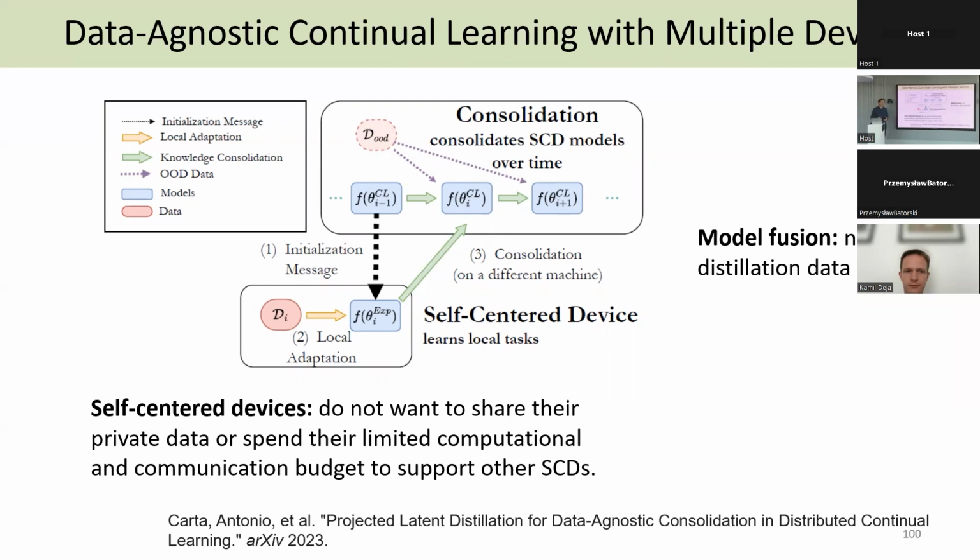So it doesn't want to sacrifice any of its energy to prevent forgetting, and it also doesn't want to share the data. So you communicate this model back to your main, maybe the cloud, and there you want to consolidate your old model and the new models which are coming in sequentially.